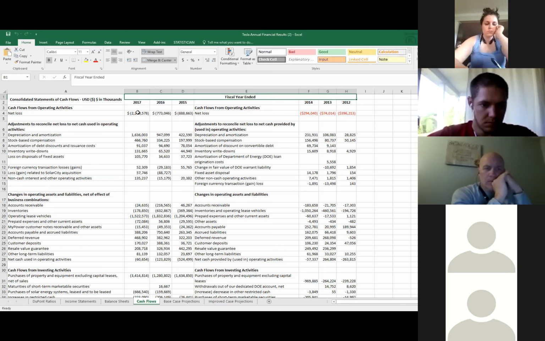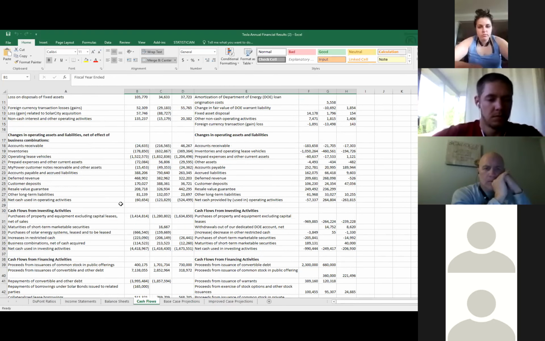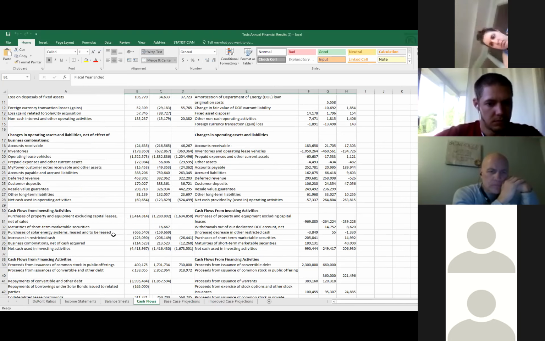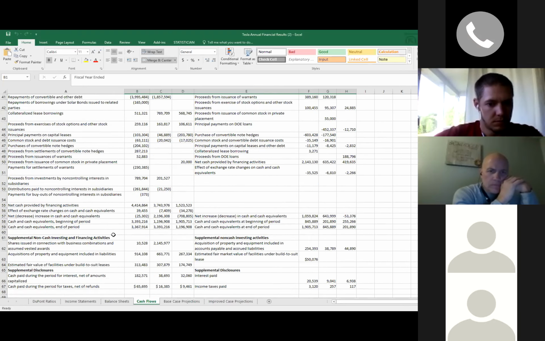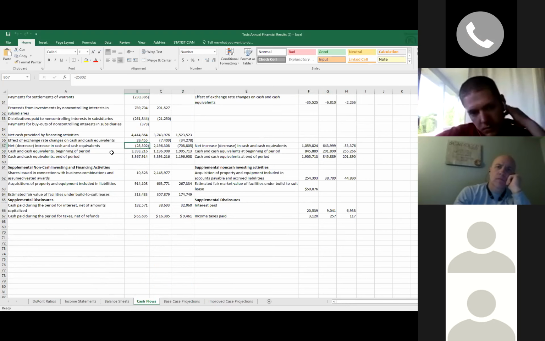If you start working down the column, you can see, for instance, net cash used in operating, 60 million deficit, investing activities, etc. And you can see that what basically happened was this would be really the final number. I'm sorry if I'm rambling a little bit, but it would be the net increase or decrease in cash and cash equivalents.